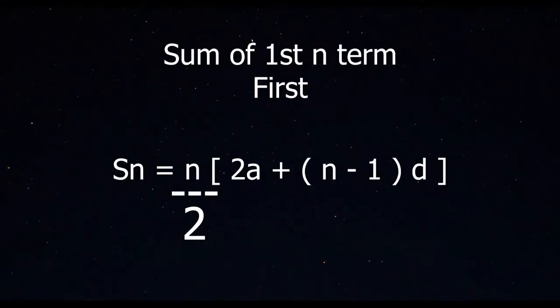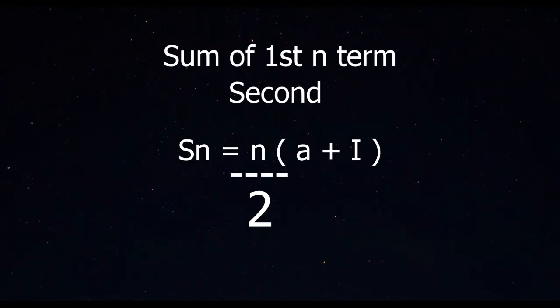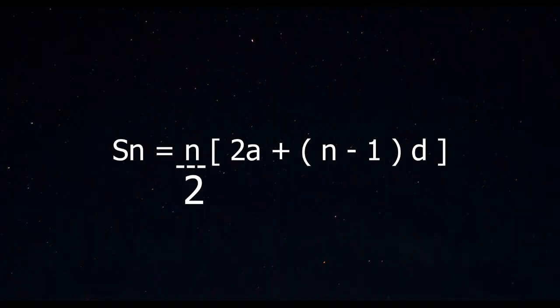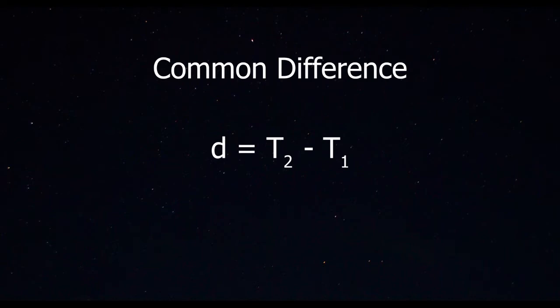The first one is, and the second one is, but the preferred formula to find the sum of the first n terms is this one. The last formula for arithmetic sequences is known as the common difference, which is shown on the screen.